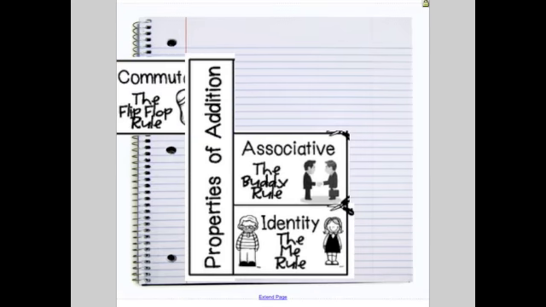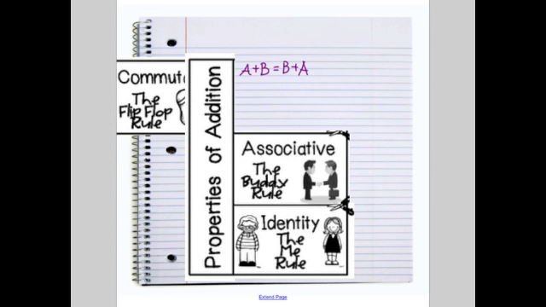Across the top, we're going to start with a variable expression, which will be written as A plus B equals B plus A. This is what's known as the rule.